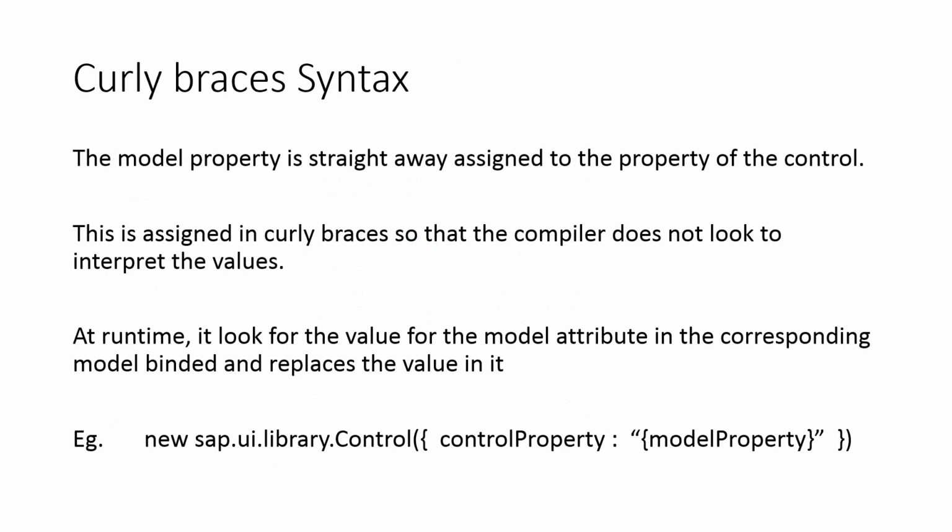So at runtime, it will look for the value from the model and replace it. The example would be the syntax that I have shown you before. The control property is going to be bound to a particular attribute in the model, but this time I'm going to specify it in curly braces in order to specify the syntax.